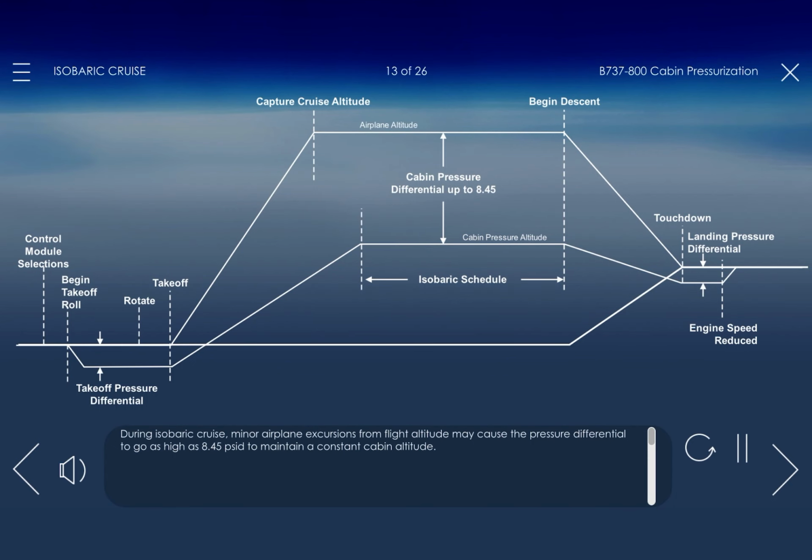During isobaric cruise, minor airplane excursions from flight altitude may cause the pressure differential to go as high as 8.45 psi differential to maintain a constant cabin altitude.